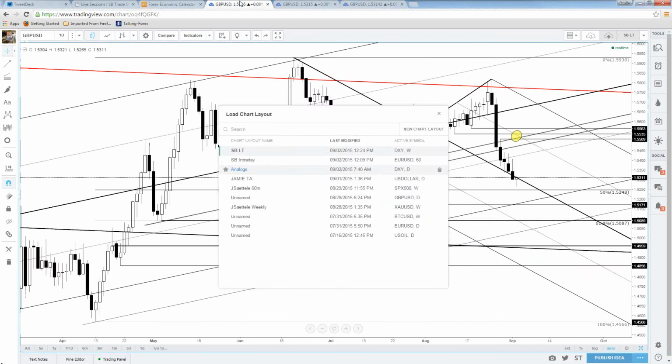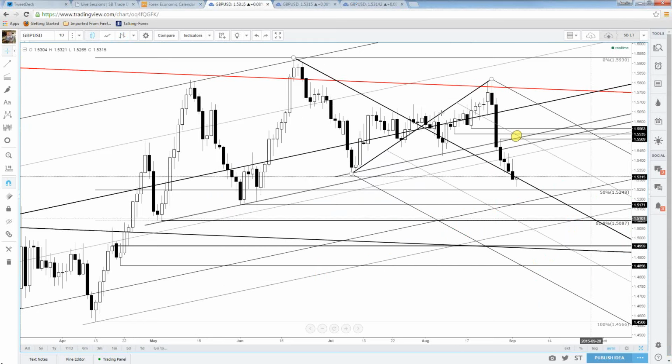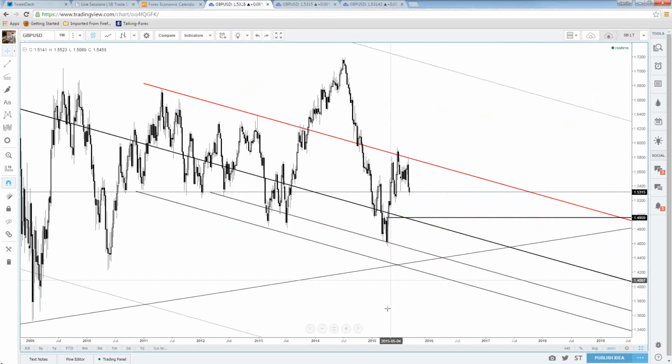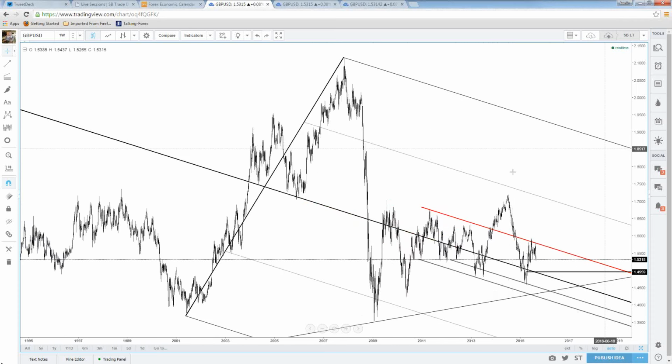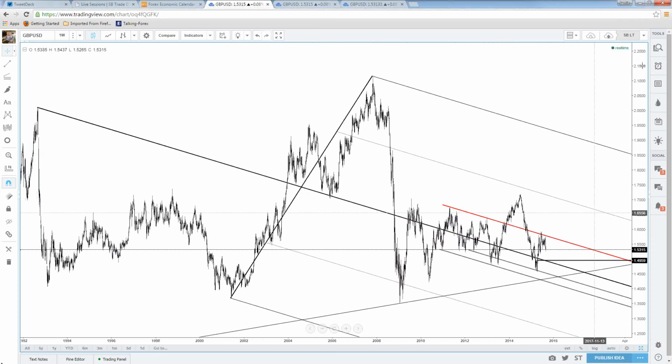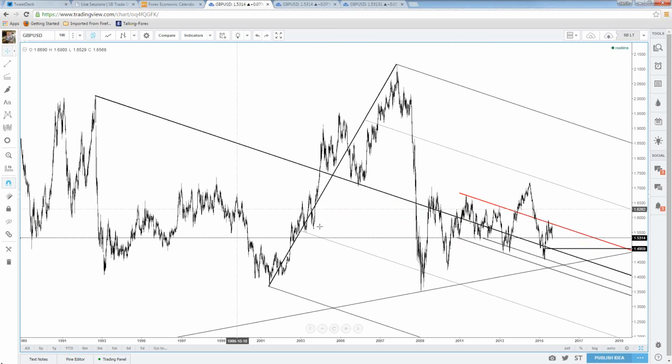And for me, I do think that the decline could be a little more important than the one we saw in the 90s, primarily because of this sliding parallel that we have, the red one. Okay, this is a structure that goes way back. We're talking about, this is the 90s here. So the point that we were looking at as far as where the analog is with this, it's 99, it was not there.